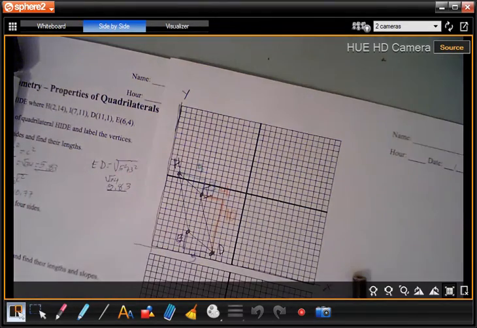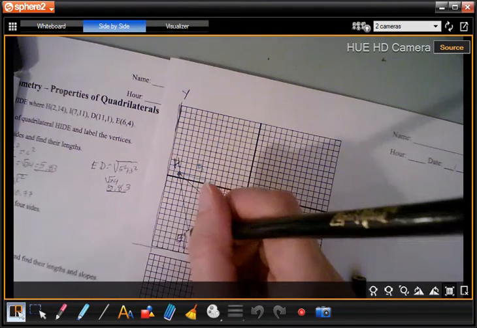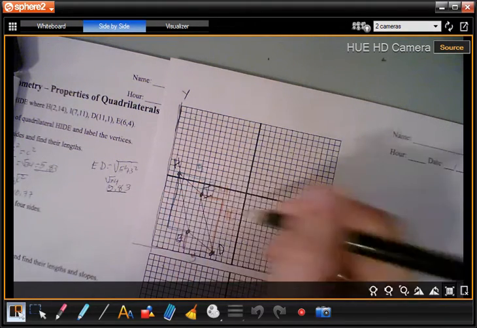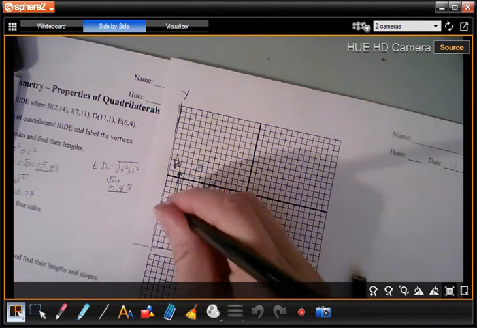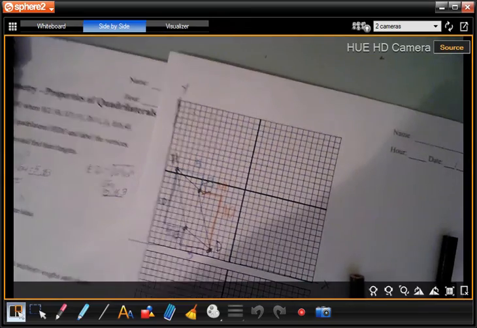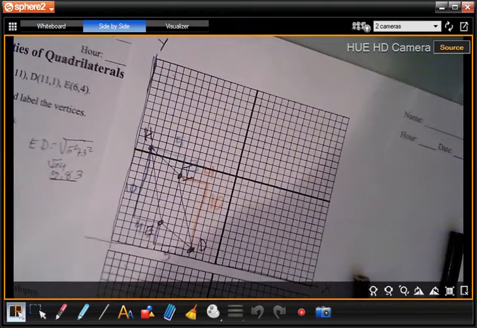Next, we are going to do E to H. So we're going to go over and up, over 4, up 10. So when we do that, and I'm going to try to zoom in just a little bit, hopefully this works. There we go.